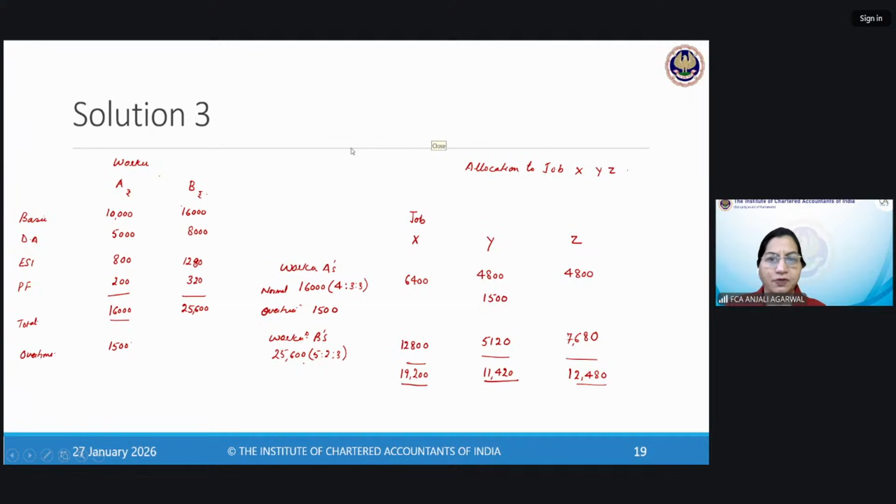Employer contribution not to be included in the cost? Yes, employer contribution is the reason that I have included. Employee's contribution is part of all this 10,000 and 5,000. Whatever the employee's contribution is, it will be deducted from here. Employer's contribution is added.